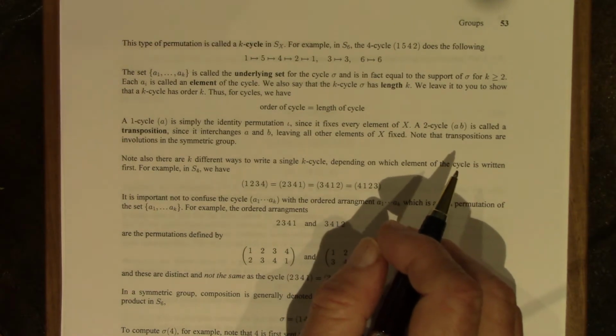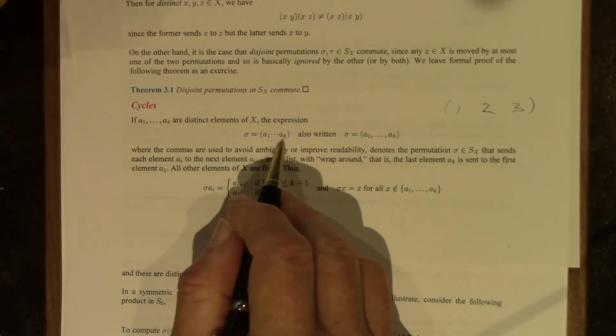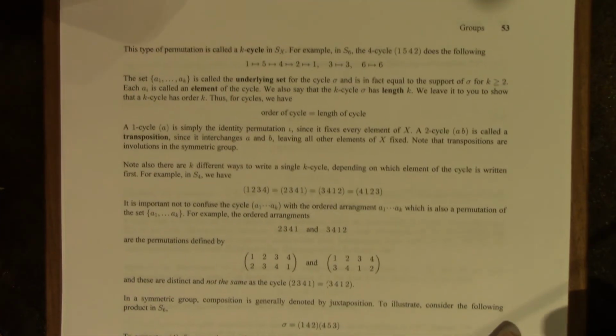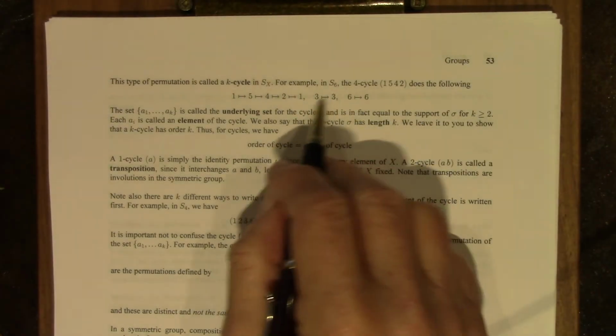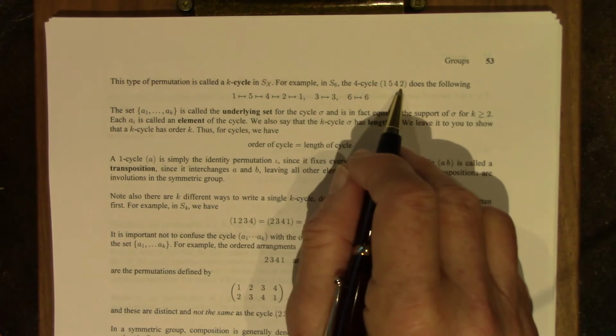So just as an illustration, I should say, this type of permutation, because there are k elements, is called a k-cycle. So as an example, in S_6, this is a 4-cycle.